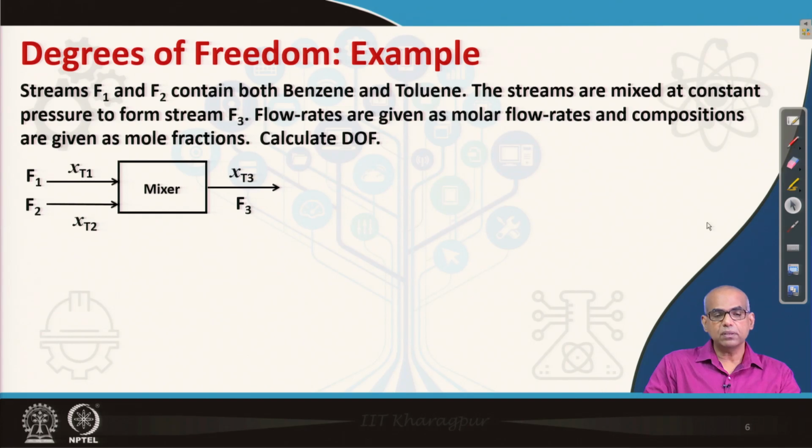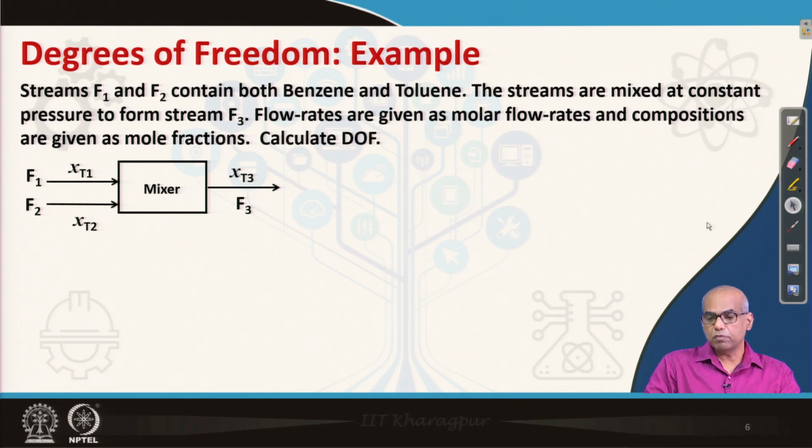Now, let us take an example for degree of freedom computation. The block represents a mixer where streams F1 and F2 enter and stream F3 comes out. Each of the streams F1 and F2 contains benzene and toluene. These streams are mixed at constant pressure.